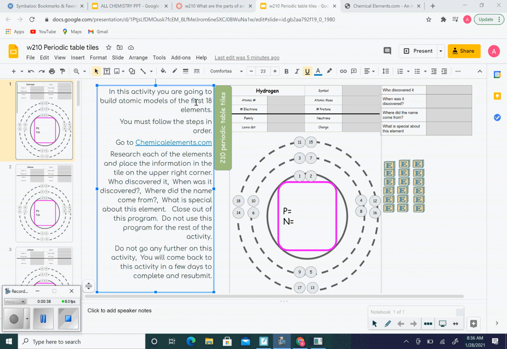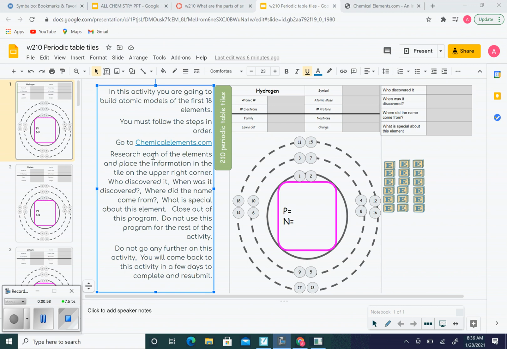Okay, so on this first page, here is the work that we're going to be working on. It says, in this activity, you are going to build atomic models for the first 18 elements. You must follow the steps in order. Number one, go to chemical-elements.com.